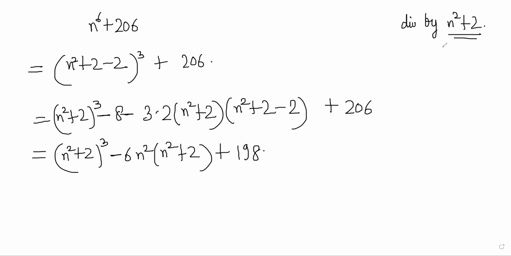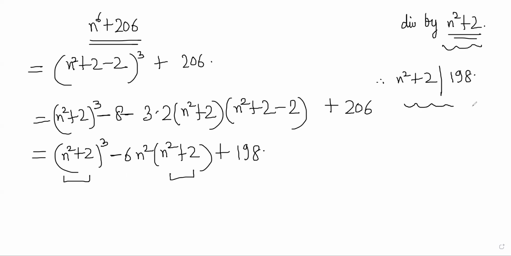So for n²+2 to divide this, it is clearly dividing the first two parts of it. Therefore, n²+2 must divide 198, right? Then only it will work out. So that means n² must divide 196, right?